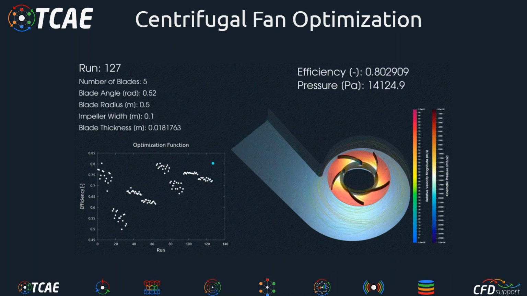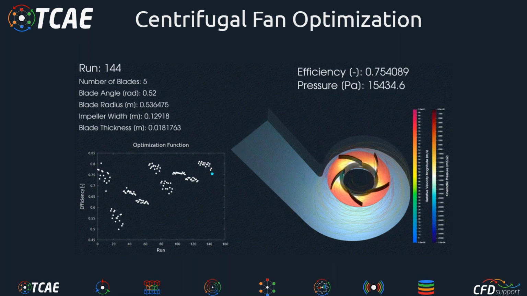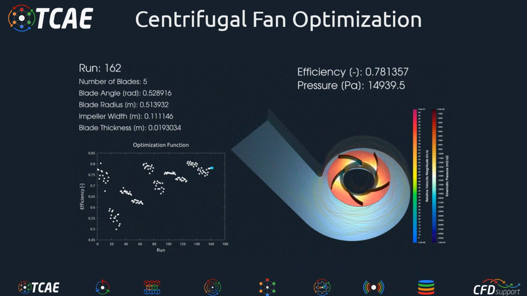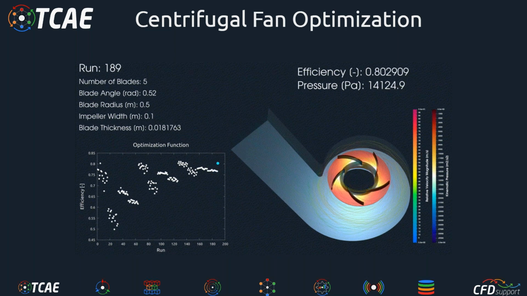So we did this centrifugal fan, and again there were 5 parameters: number of blades, angle, also the curvature of the blade, width of the impeller, and blade thickness.